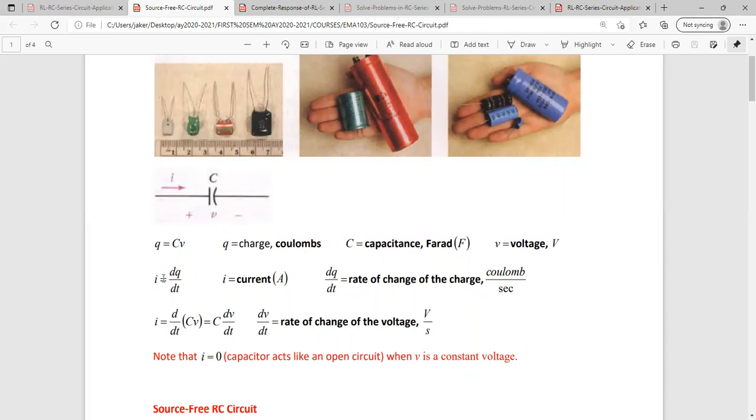One in terms of charge and the other one in terms of voltage. The rest of the expressions here only define the units for the capacitance, the charge, the voltage, and the current. Anyway, you know them already in your physics. And this was also discussed last Monday.